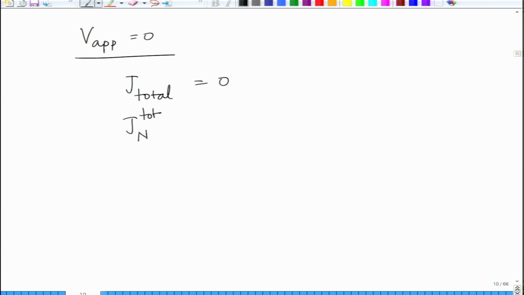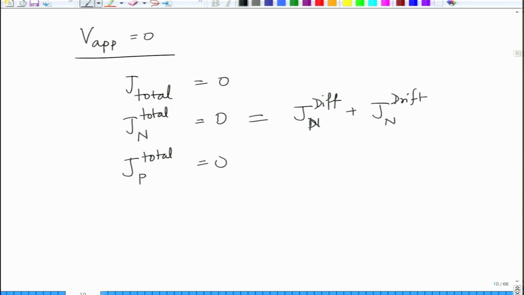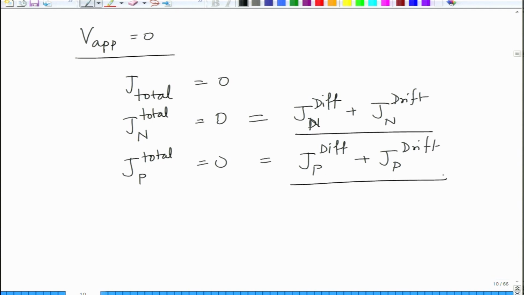Jn total is equal to 0, Jp total is equal to 0. However, Jn total is Jn diff plus Jn drift. Similarly here, Jp total is equal to Jp diff plus Jp drift. These two balance each other, and that is how you get this.